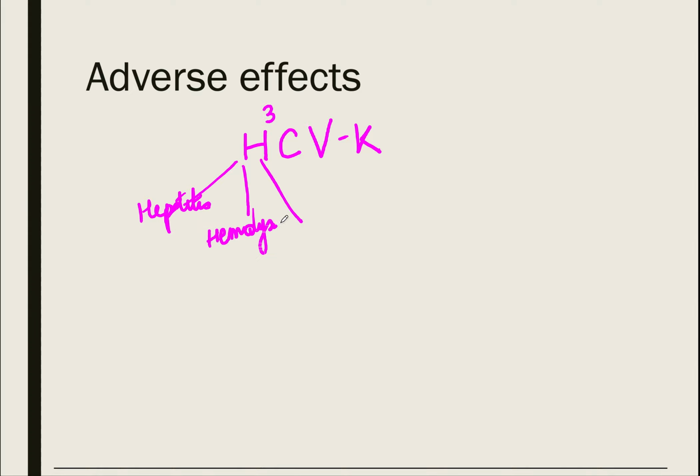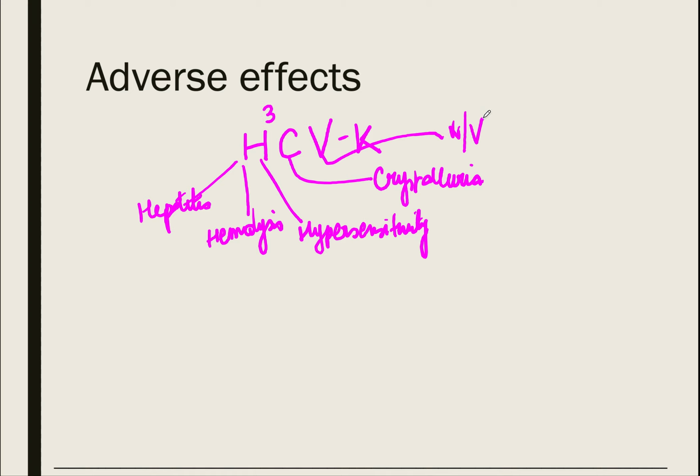It is in G6PD deficient individuals. The third one would be hypersensitivity reactions. C here stands for crystalluria, and I told you how to avoid it, by drinking plenty of water and alkalizing the urine. Then V is for nausea and vomiting, and this K here stands for kernicterus.